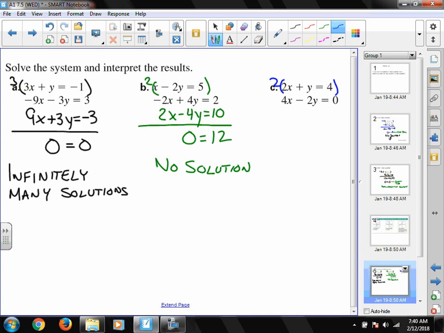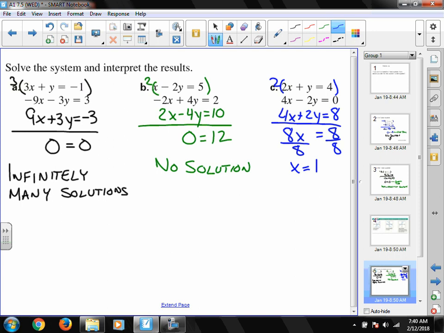So I end up with 4x plus 2y equals 8. Add them up. 4x plus 4x is going to give me 8x. -y plus 2y, that's 0. And 0 plus 8 is equal to 8. Divide both sides by 8. X is equal to 1.